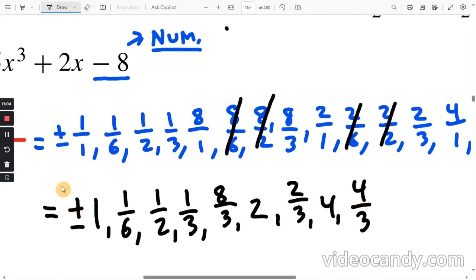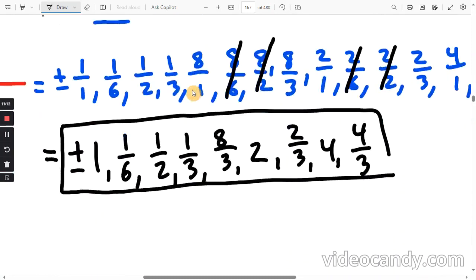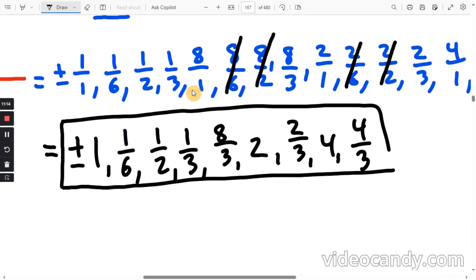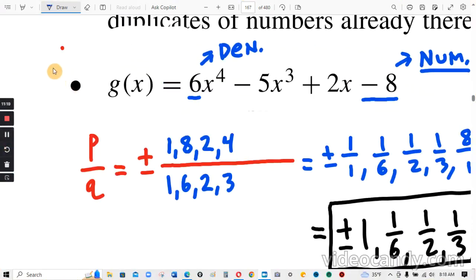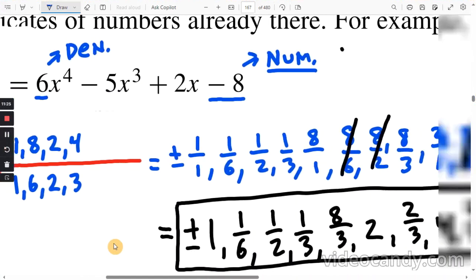All right, so plus minus on each one of these. These are the possible or potential zeros. All right, only thing I forgot here is to label this as example 2. So that one was example 2.